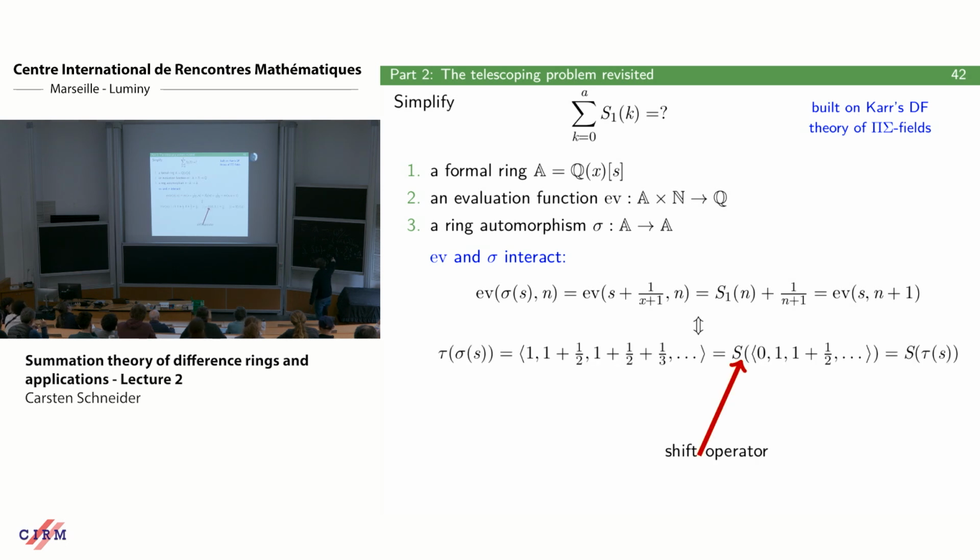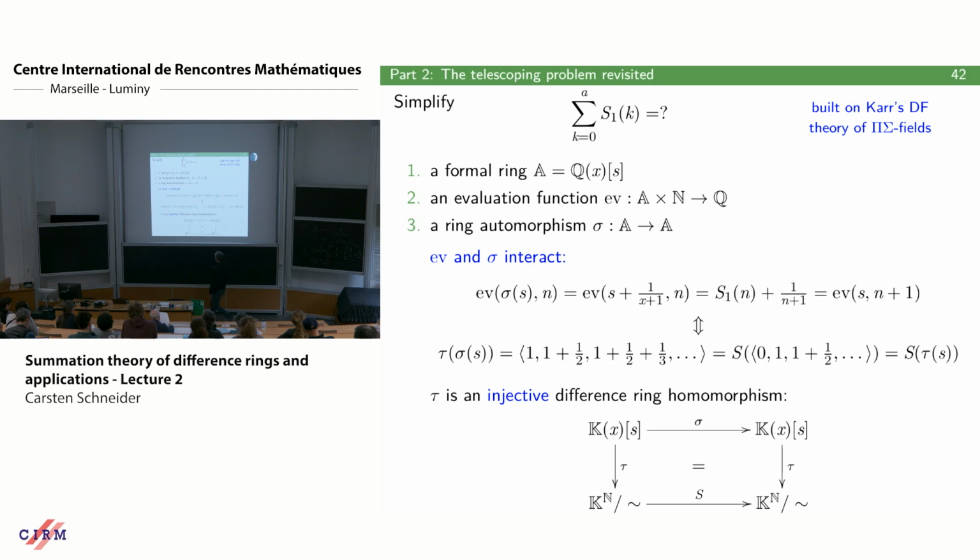And now I can go back to my map here. If I shift formally, and then I consider the sequence, I get that sequence. That's the same as if I shift the sequence. That's the same: I first go to the ring of sequences, and then I shift. So there's an interaction between tau and sigma.